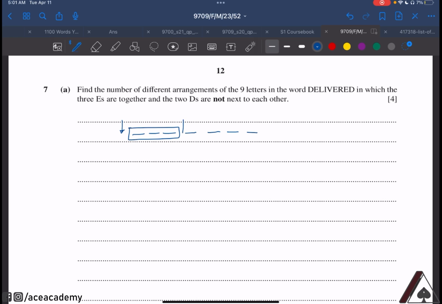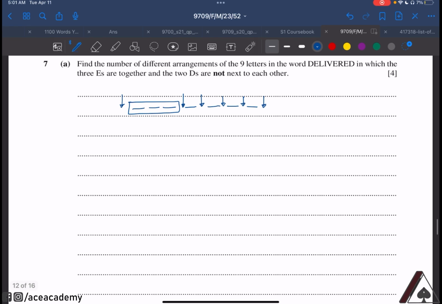So they will be in these spaces: 1, 2, 3, 4, 5, 6. So there are 6 spaces but only two D's to choose from. So 6P2 by 2 because the 2's are identical. And then there are 5 places: 1, 2, 3, 4, 5.